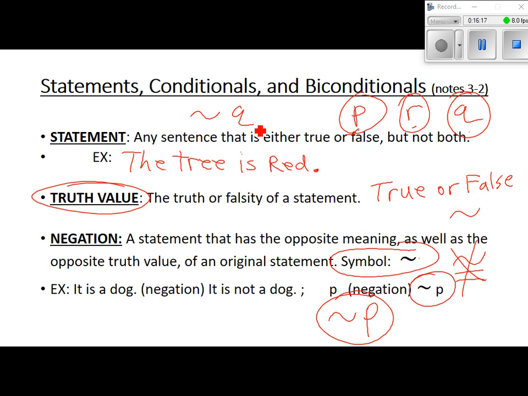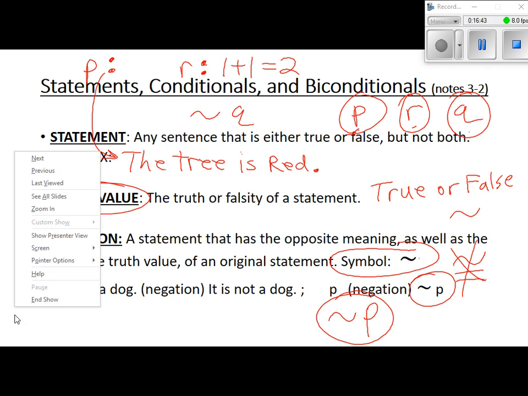They'll give you statements, and they'll say like, P stands for the tree is red. Then they might say R stands for 1 plus 1 equals 2. And you'll have to write out a sentence from what they're telling you. And we'll do some of those. Not real hard, it's just a little bit of writing.